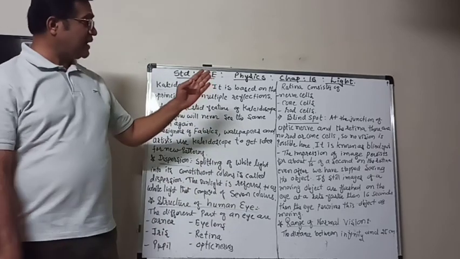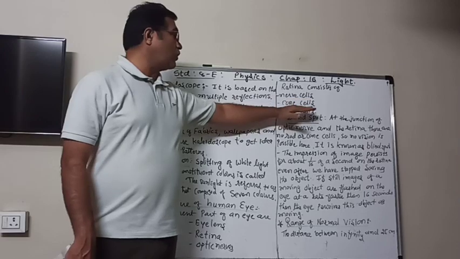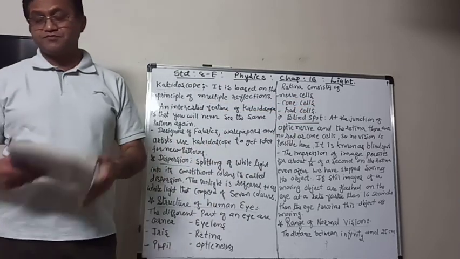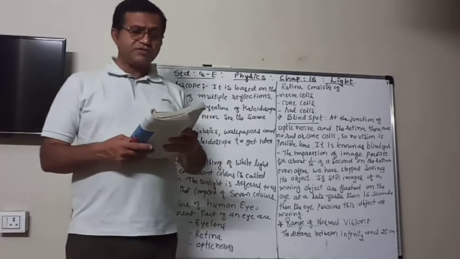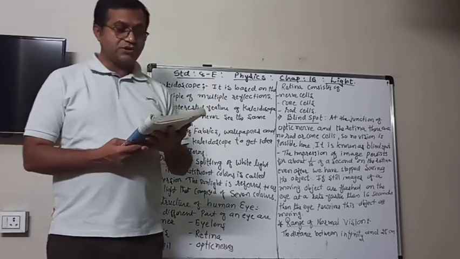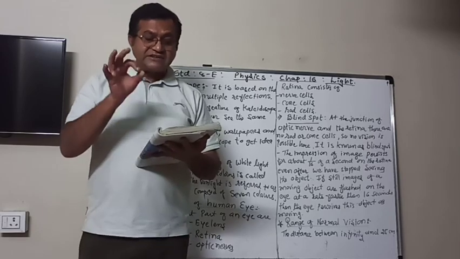Now this retina consists of different types of cells like nerve cells, cone cells and rod cells. The retina contains several nerve cells.